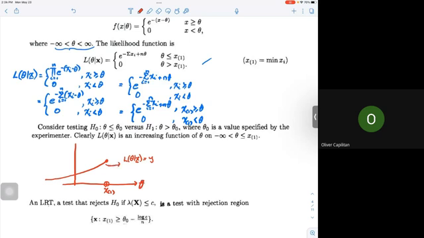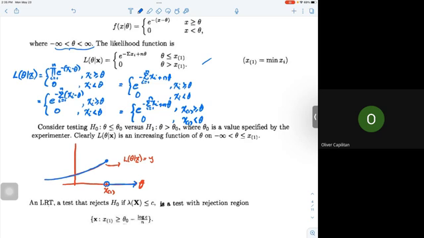Because if the minimum order stat is less than theta, this is its graph, it is 0 entirely. But when theta is less than the minimum order statistic, we have an increasing function for our likelihood function of our parameter theta.